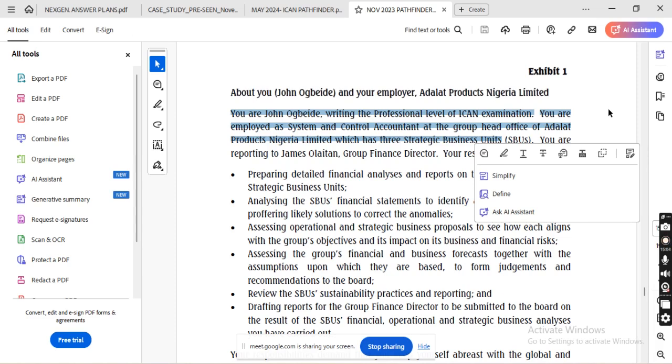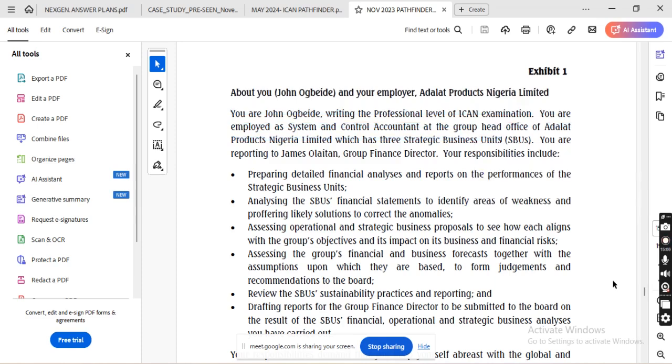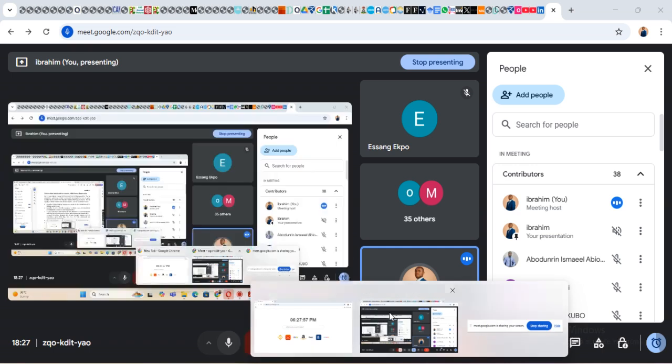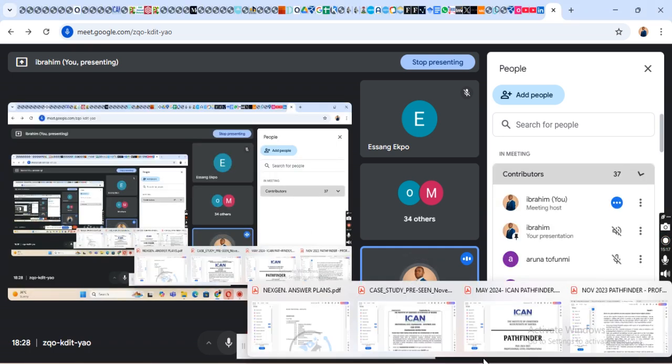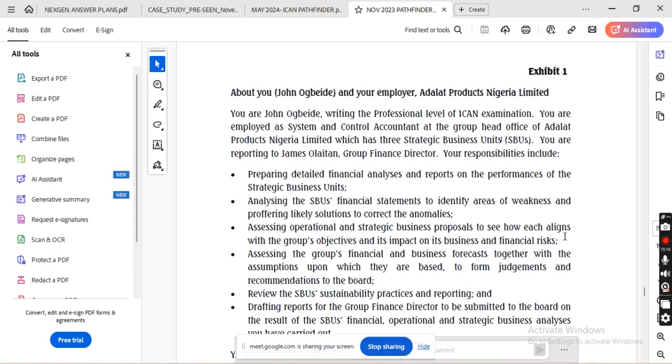Now, this is your responsibility. Preparing detailed financial analysis and report on the performance of the strategic business units, as a systems and control accountant.